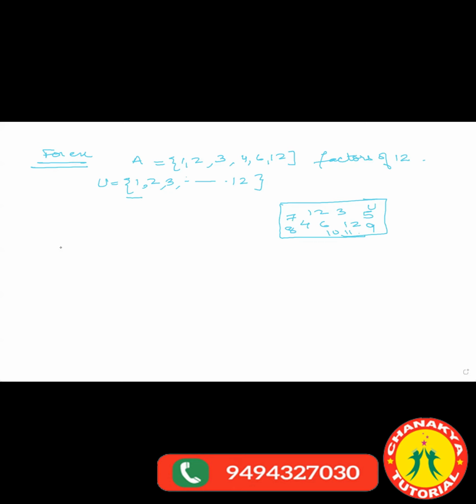You will just circle all the factors: 1, 2, 3, 4, 6, 12. The circle will be like this. The rest of the numbers, 5, 7, 8, 9, 10, 11, lie outside. Clear, beta?